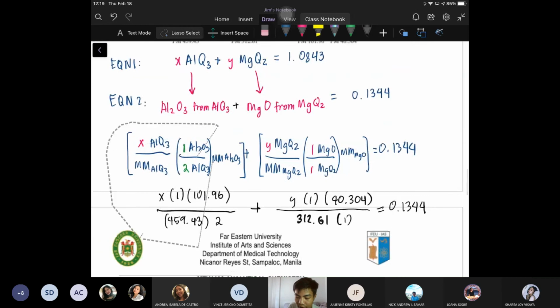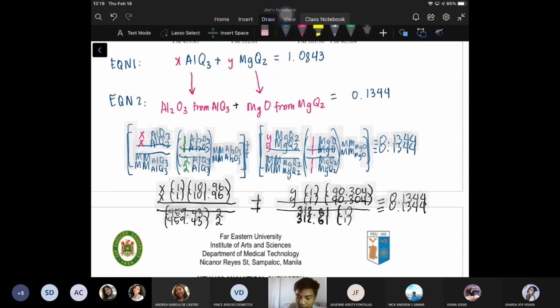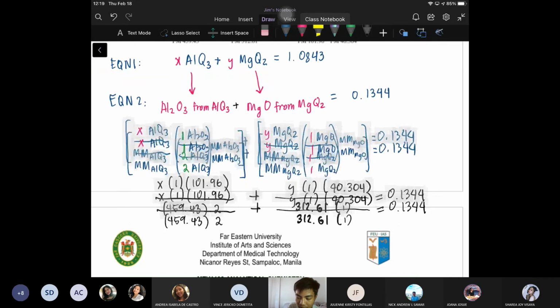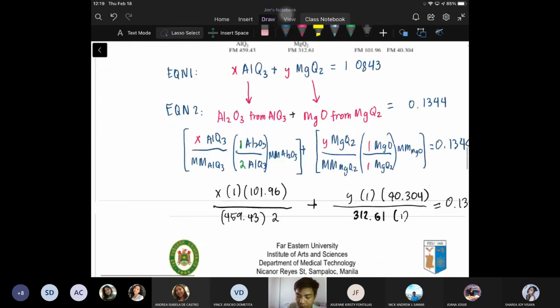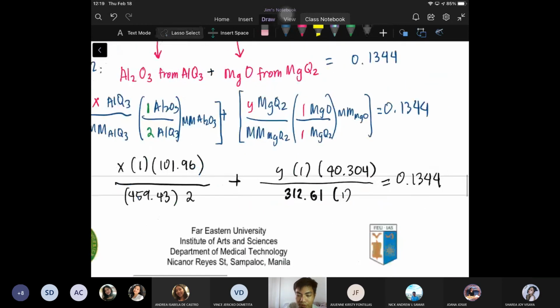Then, ano susunod? Yung mga numbers, pag sama-samahin, 1 times this divided by the product of this number. Okay? So, ikakalculate nyo na lang yan. Sa numerator, 1 times 101.96.